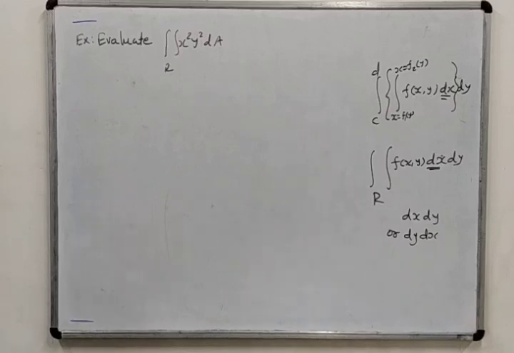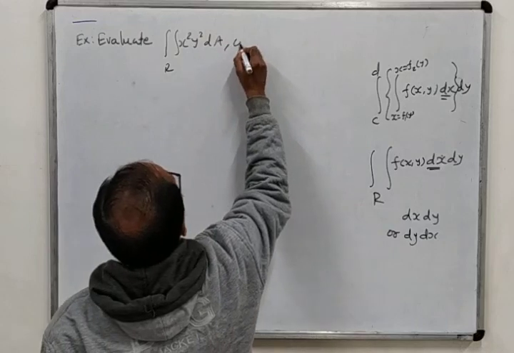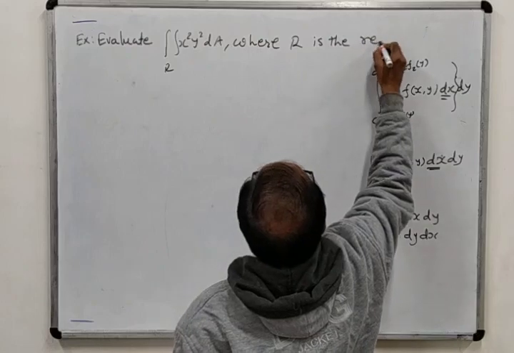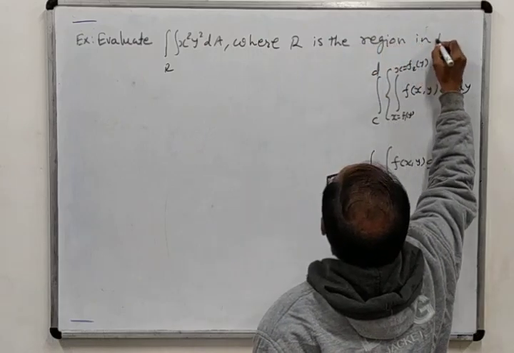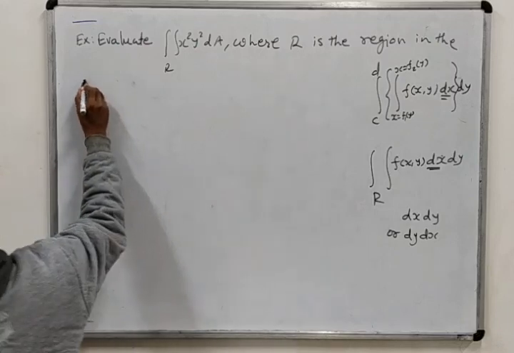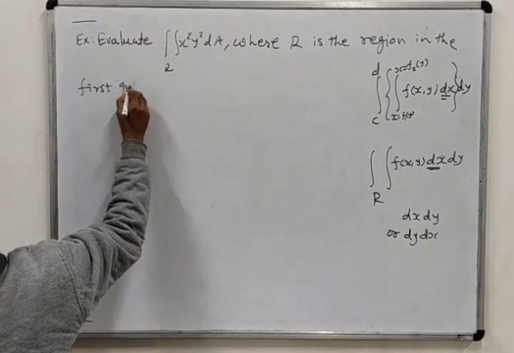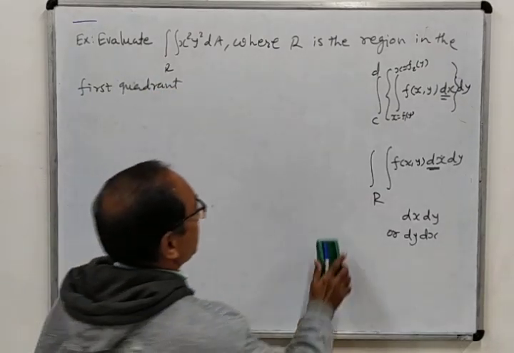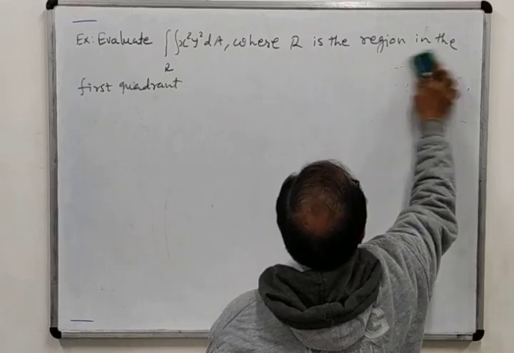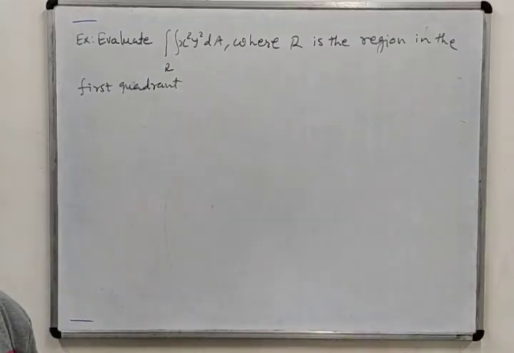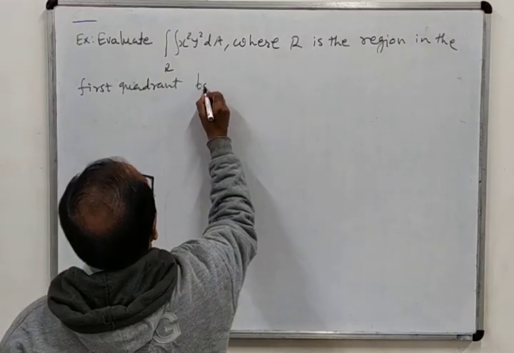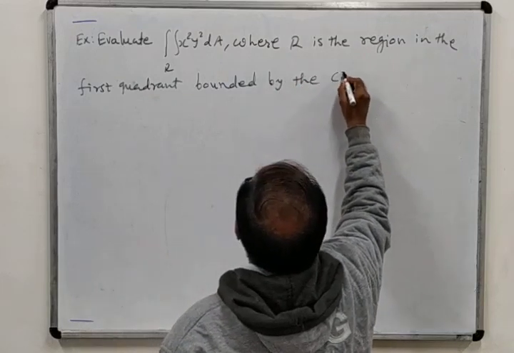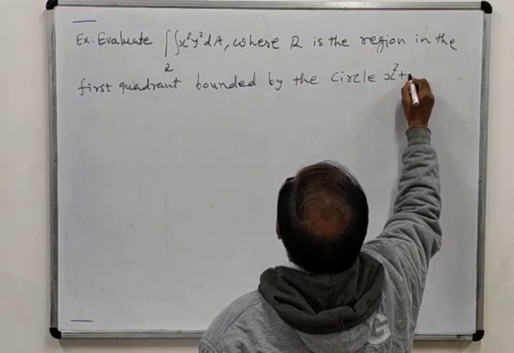So dA, where R is the region in the first quadrant, bounded by the circle x square plus y square equal to 1.